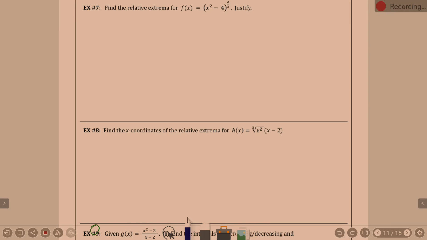Okay. 7. Find the relative extrema for f of x. Oh boy, it looks big, doesn't it? Okay, where am I starting? Derivative. We've got that down at least, right? How do we do that derivative?